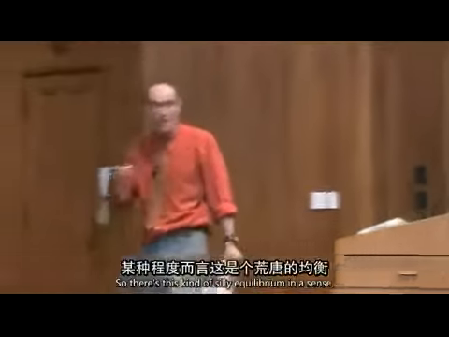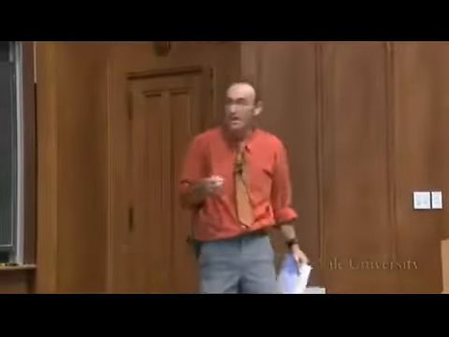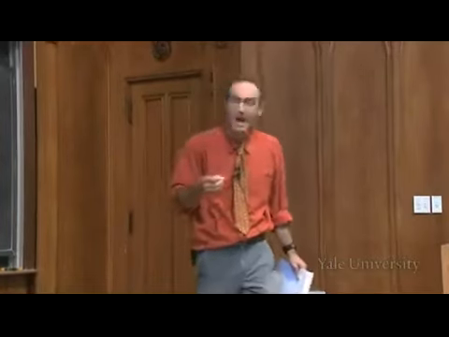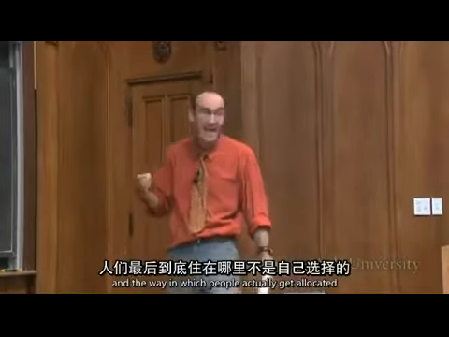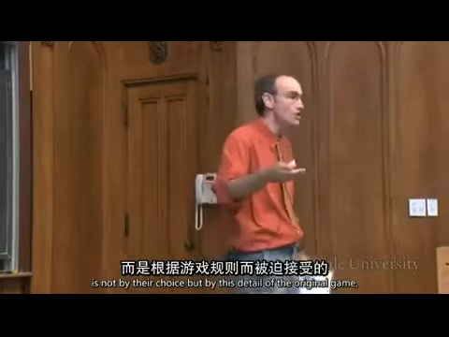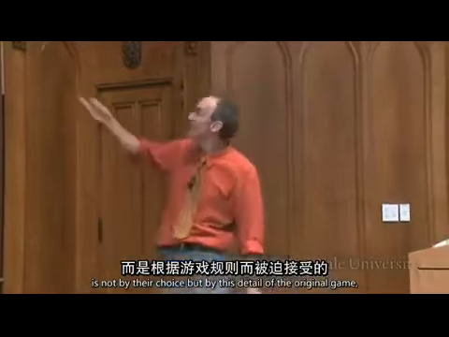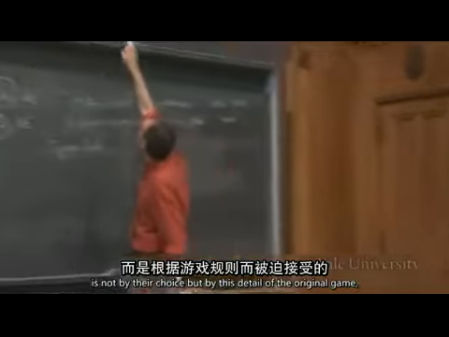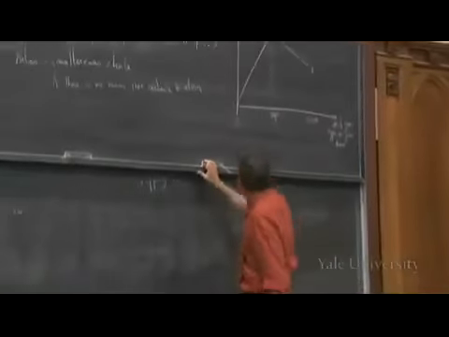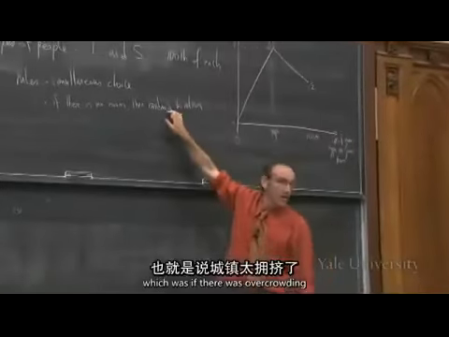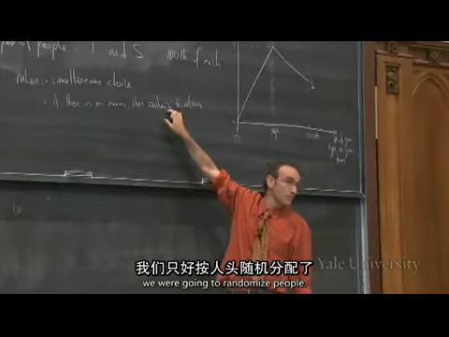All right? So there's this kind of silly equilibrium, in a sense, in which everyone does the same thing, and the way in which people actually get allocated is not by their choice, but by this detail of the original game, which was, if there was overcrowding, we were going to randomize people.